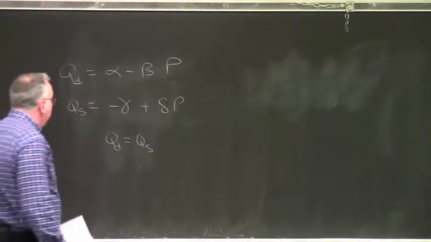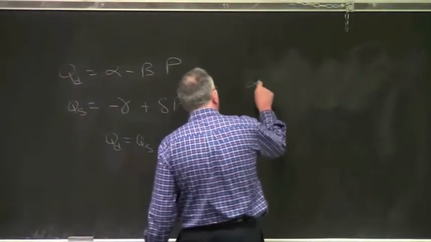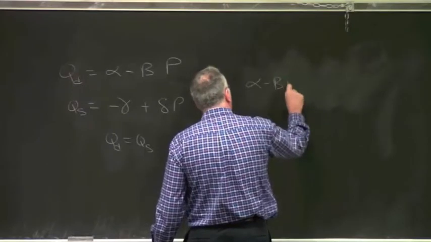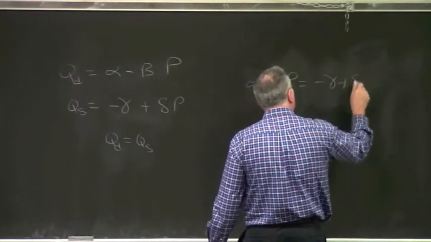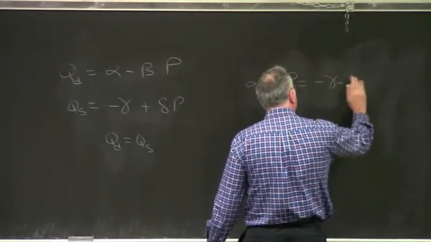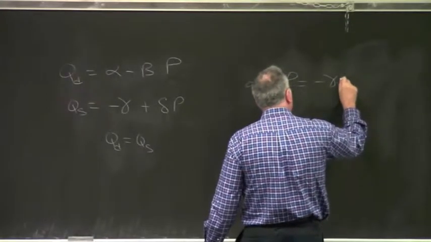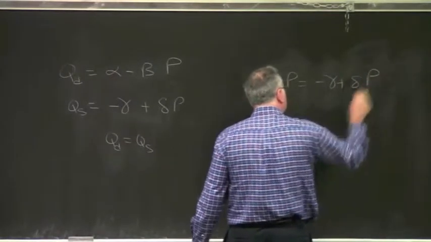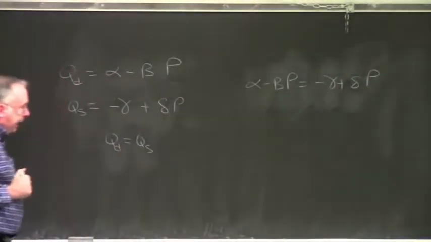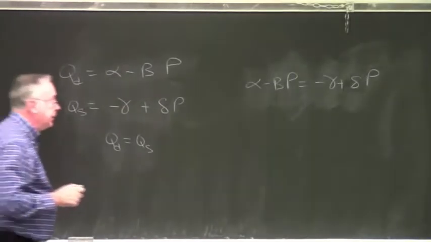Set QD equal to QS, and we can write: add gamma to both sides.